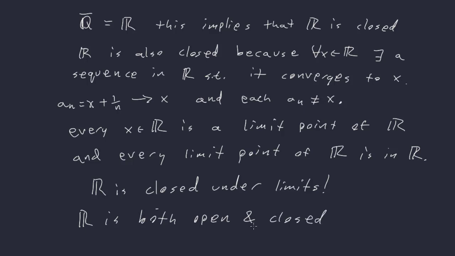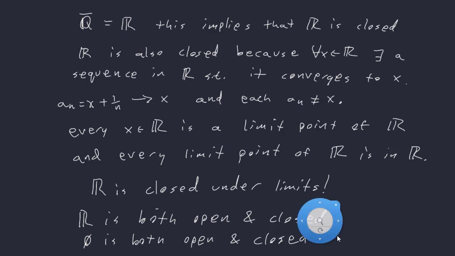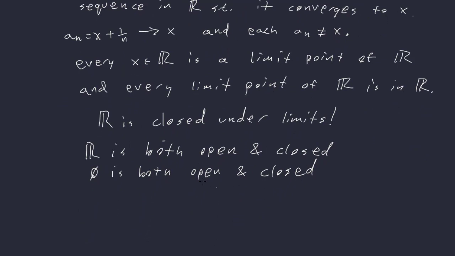Okay, which is strange. The empty set is also both open and closed, and we'll have a good way to describe why in just a second. But thankfully these are the only two sets where that's true. And again, we'll have a good way to explain that in the next theorem.